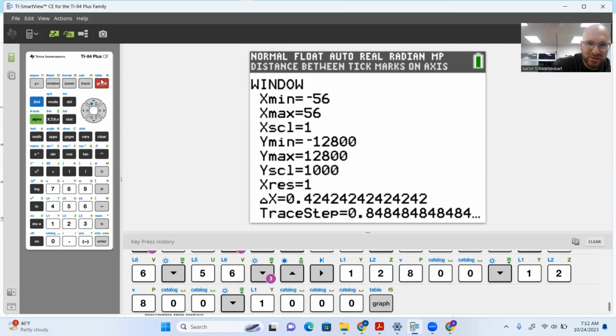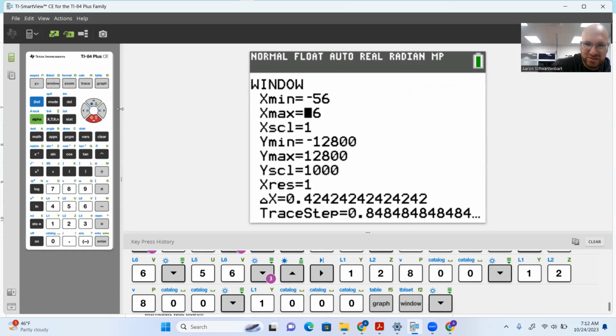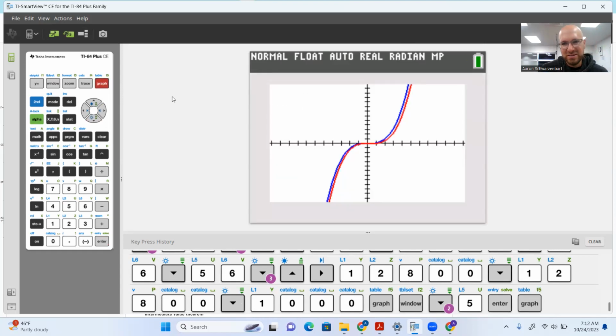I think that'll be fine without zooming too bad. Oops, I didn't change my X scale. They start to look very, very similar here. Change my X scale to 5s, so it's a little less crunched in there. We get something that looks pretty similar on the graphs. They're not exactly the same.